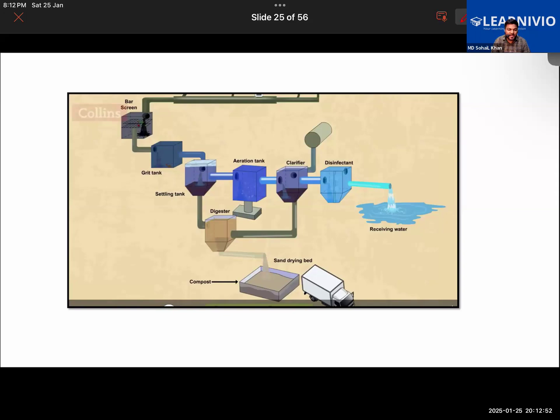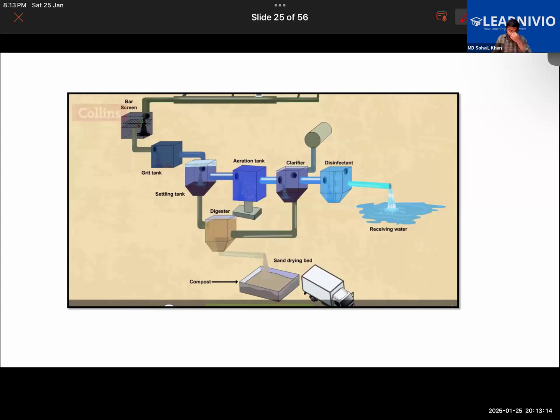But when you have a large volume of water, it needs to be done in a manner where we can clean lots of water at a time. And it should be cost effective also. It should not be a time taking process. So all those things have to be considered.